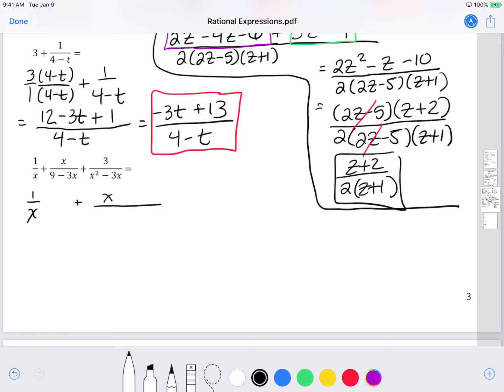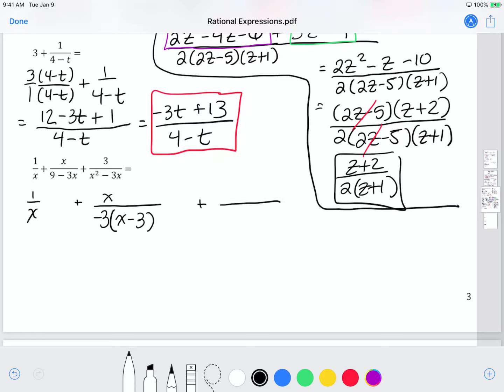So in the denominator of the second fraction, because I can't simplify anything in the first fraction, but in the second fraction, I can factor out a negative 3, and that would leave me with an x plus 3 on the inside. And that would leave me with an x minus 3 on the inside.